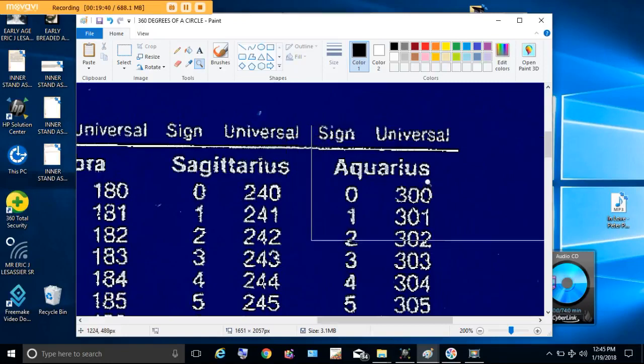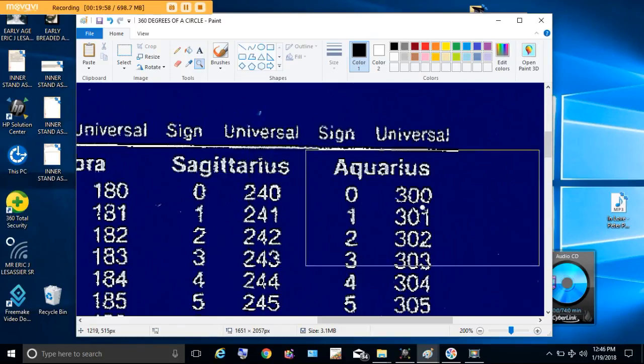And so Aquarians start during this winter season, because they're winter babies as well, and the Aquarian that's born at 0 degrees of that, when the sun enters 0 degrees, is 300.